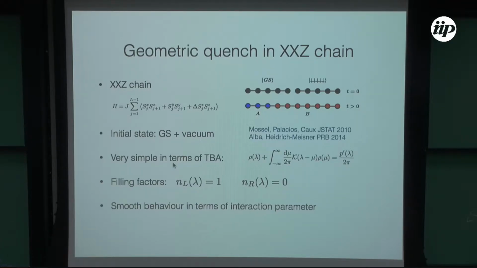In a sense, it's easier because, as some people in the audience showed, it can be solved analytically, but the behavior will be very non-continuous in delta, okay? On the contrary, in my case, in the geometric quench case, these are the real rapidities, so they always exist and they don't change as you change delta. You can take whatever delta parameter you wish, and this is a continuous problem, okay?